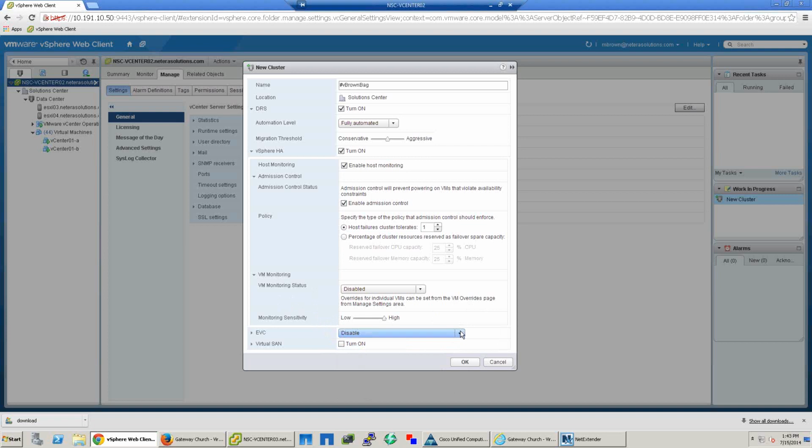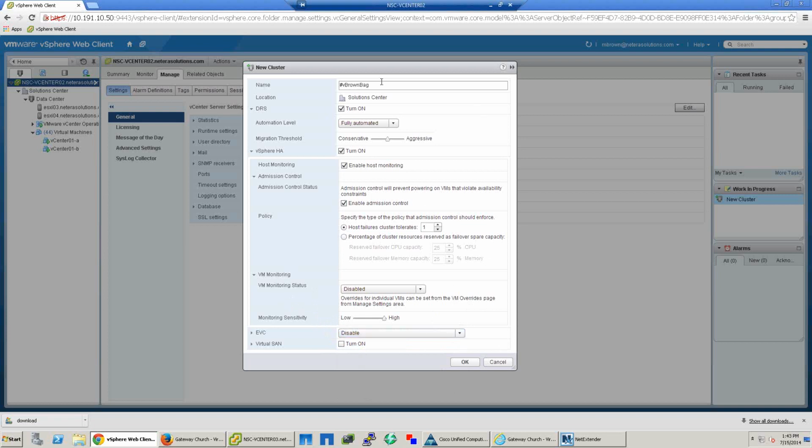You'll either have to shut down all the VMs before you enable it, which is difficult to do in some businesses, to find the downtime to do that. Or you have to get those VMs moved to a new cluster, but if they're not vMotion compatible in the first place, you're not going to be able to vMotion those VMs from cluster to cluster.